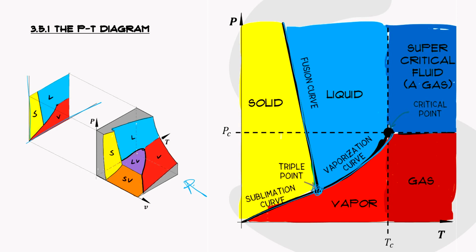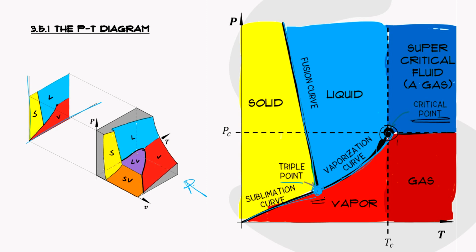The curve here is what we call the sublimation curve, and this one is the vaporization curve, or the saturation curve later on. And then here's the fusion curve. You will notice that there's an intersection point here, which we call the triple point. And also here we have this point, which we call the critical point.